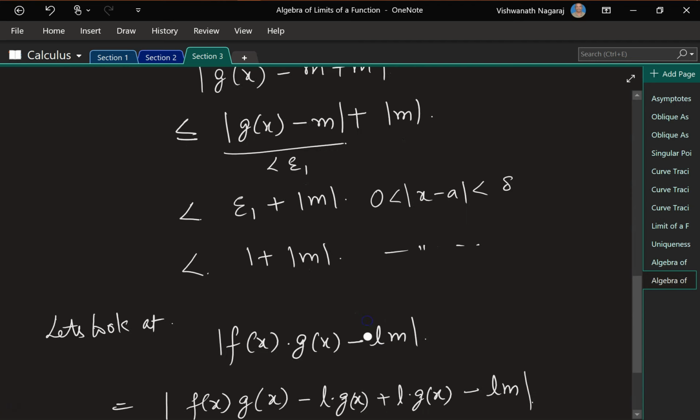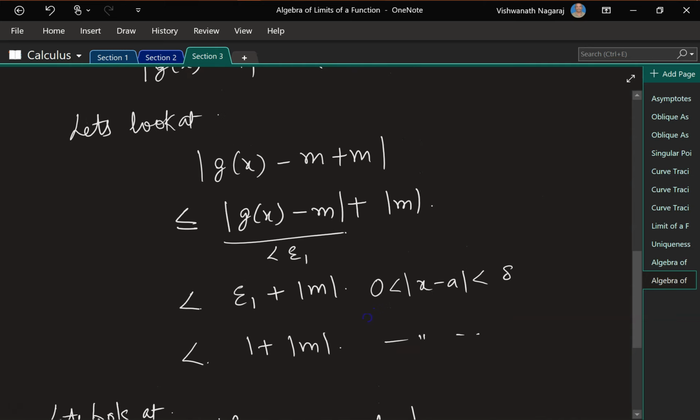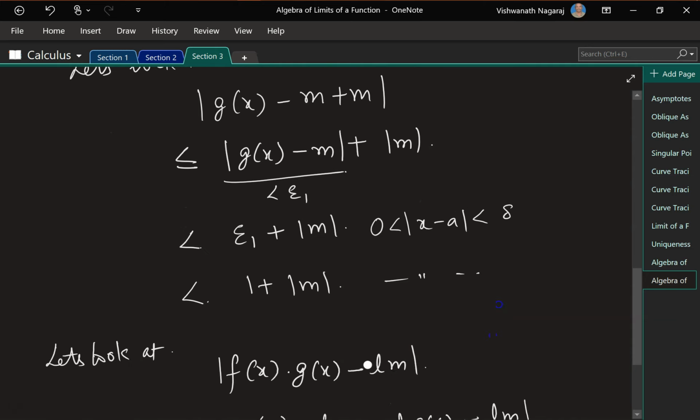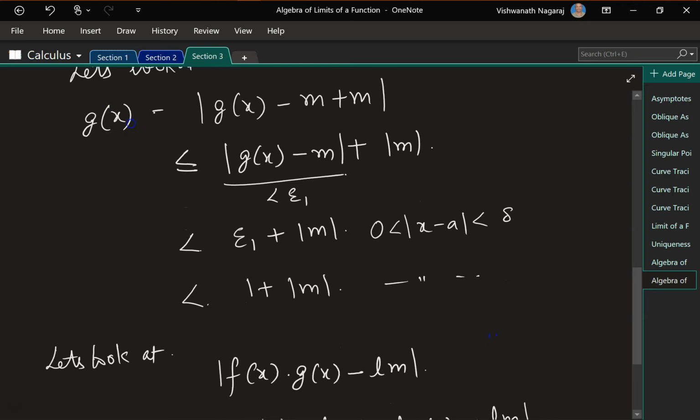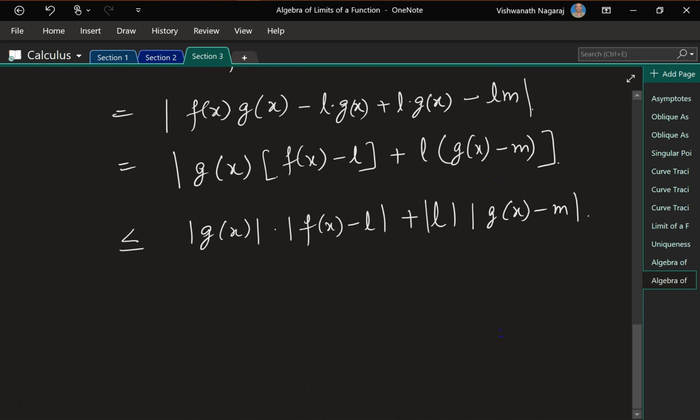Now remember, g of x we can write as, so the absolute value of g of x is less than 1 plus magnitude of m. The absolute value of f of x minus L is less than epsilon 1, and similarly the absolute value of g of x minus m is less than epsilon 2.